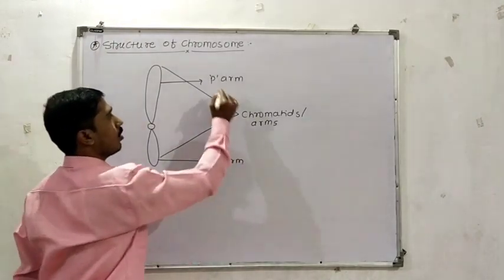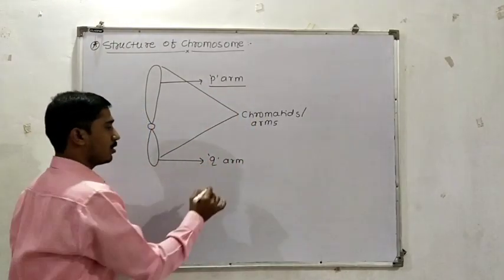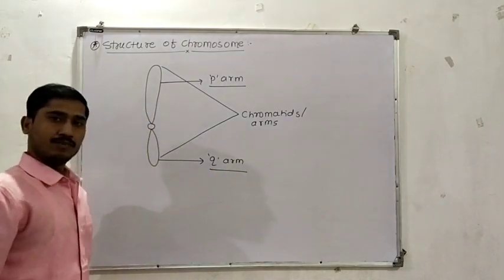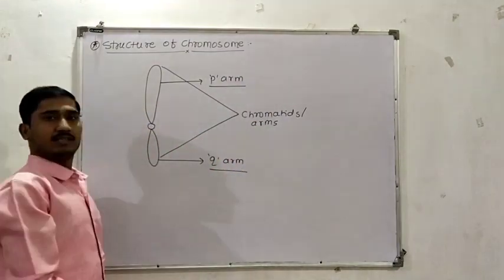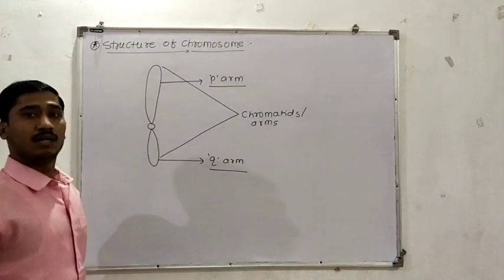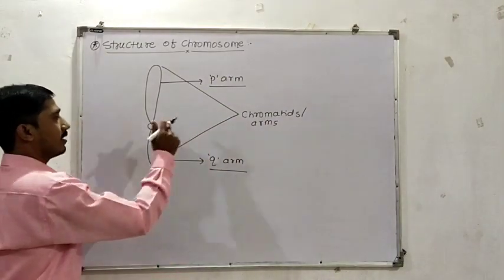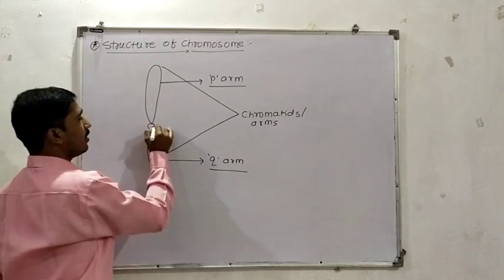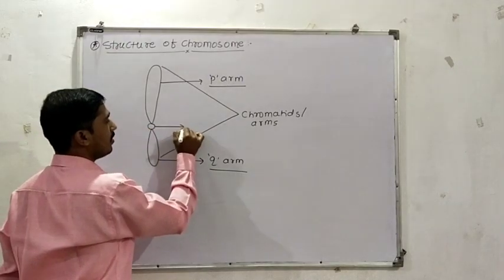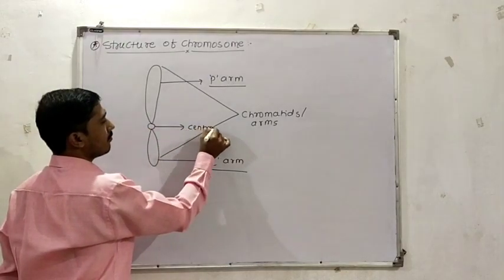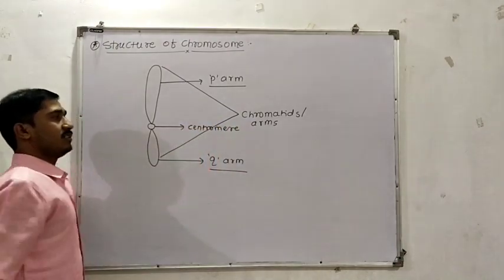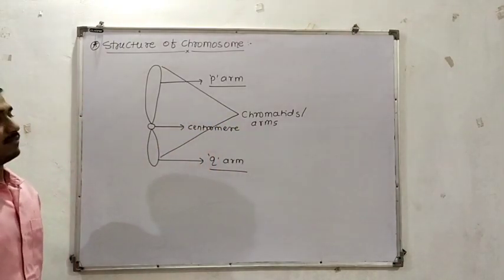The longer one is called the P arm, and the shorter one is called the Q arm. These two chromatids are very important parts of the chromosome, which are attached to the primary constriction. The primary constriction is called the centromere.